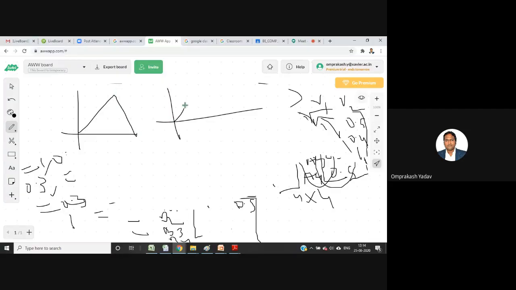But if I draw like this, there is no single peak. This is one peak, second peak, third peak. So there is a dip and a rise. This is the dip I'm talking about. So for convex, there has to be only one peak. For example, if we consider this trapezoidal, there is only one peak. There is no dip. Clear? Yes, sir. Okay.